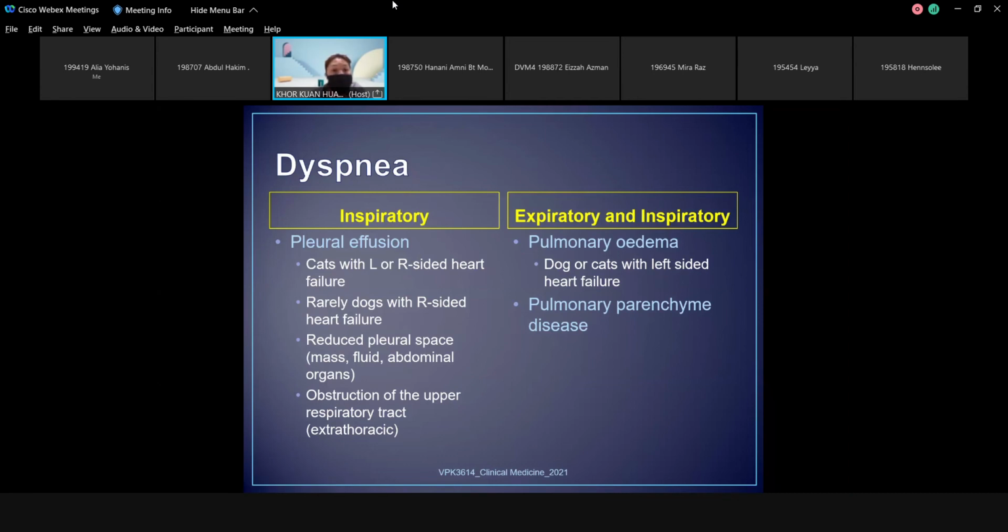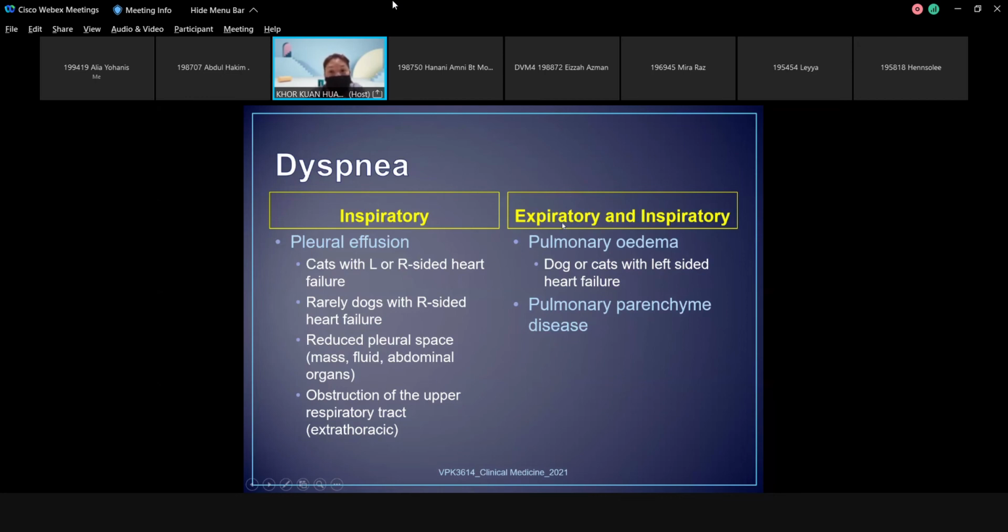Okay, then again if it is pleural effusion, that means there's something wrong within the pleural space. This pleural space can be occupied by mass, fluid, or even abdominal organ. All right. So if there is an inspiratory dyspnea, then there could be an obstruction of the upper airway. It's an extrathoracic issue.